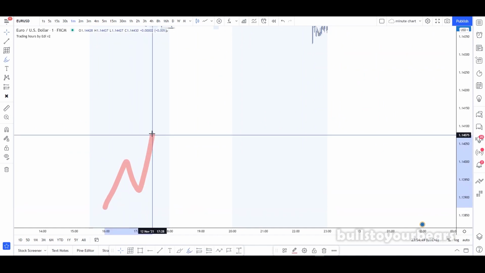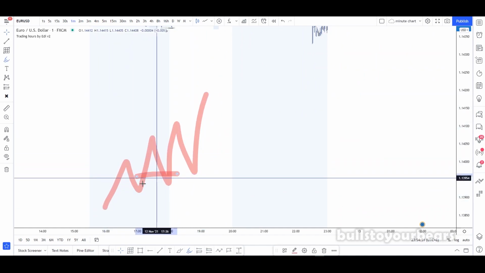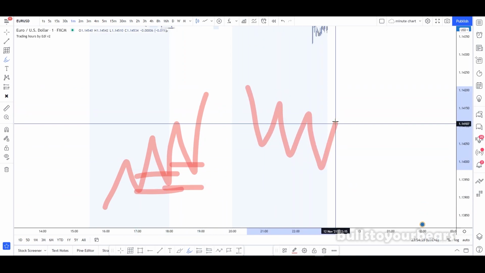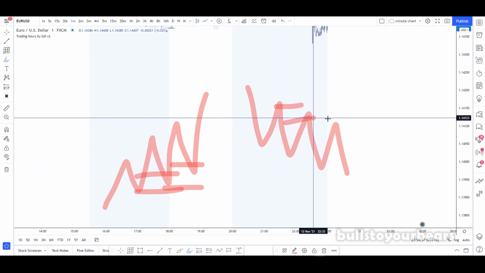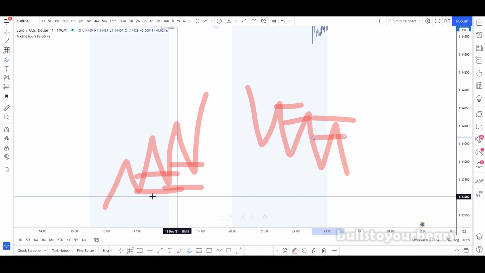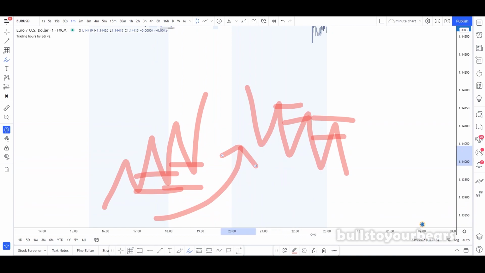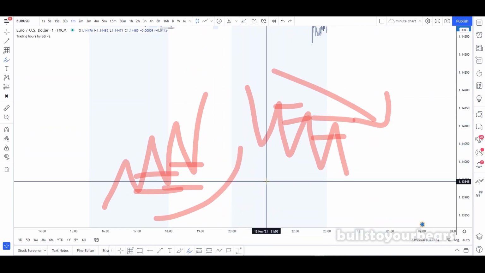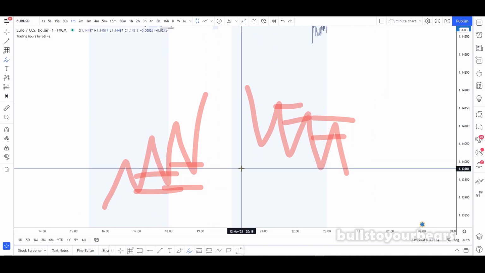Mitigation is just the process of closing orders, simple as that. Order flow is the process of mitigation, which is the same thing. This is your order flow. Bearish order flow, bullish order flow, simple as that. Order flow or mitigation, they are the same.